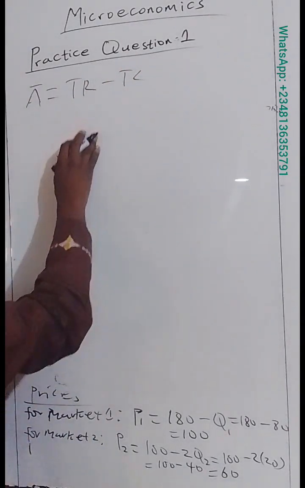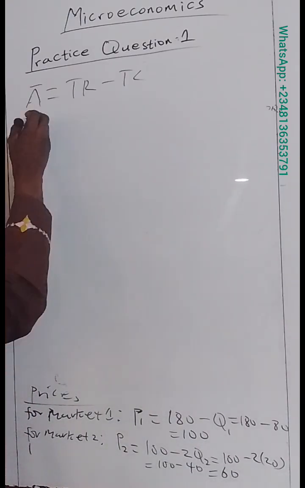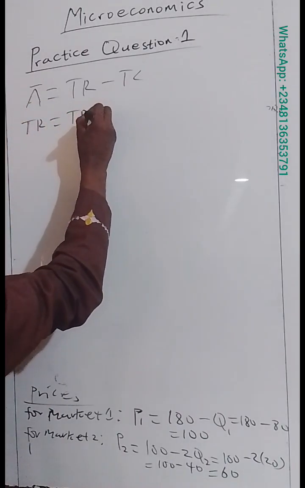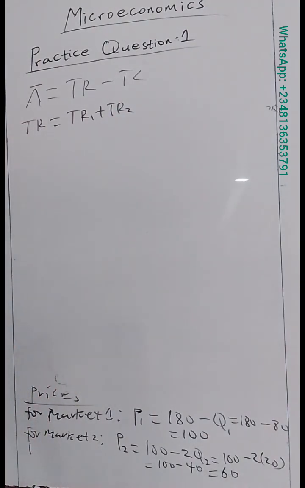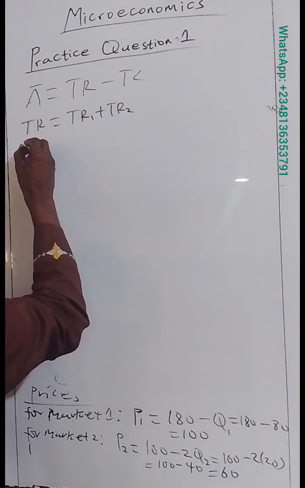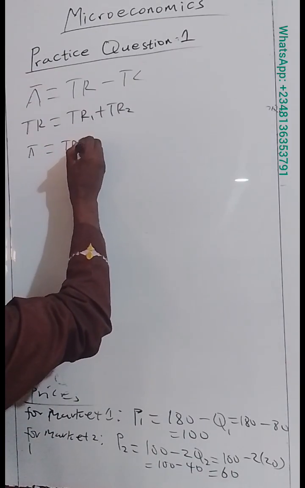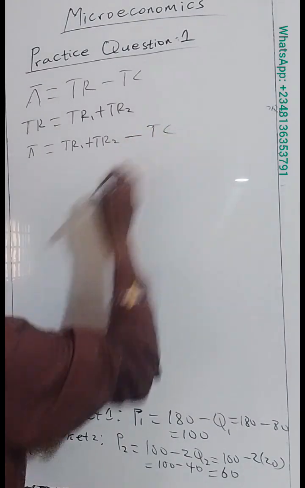Mind you, this firm discriminates between two markets, meaning that the total revenue of this firm, that is the TR, will be equal to TR1 plus TR2, the revenue derived from market 1 and the revenue derived from market 2. So we are going to use that information. In other words, our profit can be written as TR1 plus TR2 minus TC.